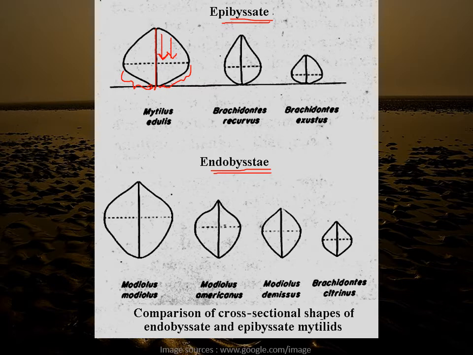So you can see for the endobyssate bivalves, the line of maximum width, which is an indication of the position of the center of gravity, is more near the central portion of the height of the bivalve, or sometimes it is more towards the dorsal part. So that is a major modification made in bivalve shape when it is epibyssate and when it goes inside and is byssally attached.